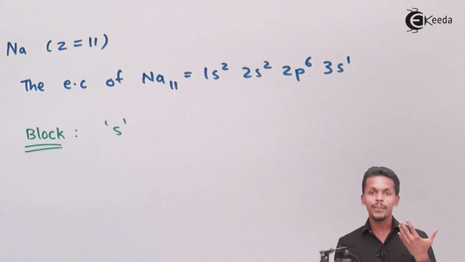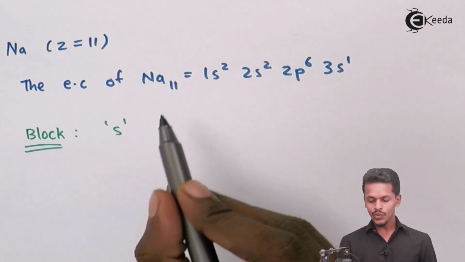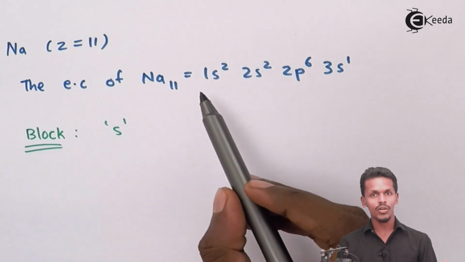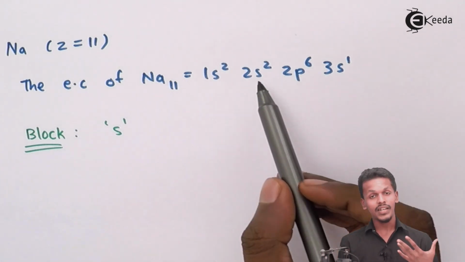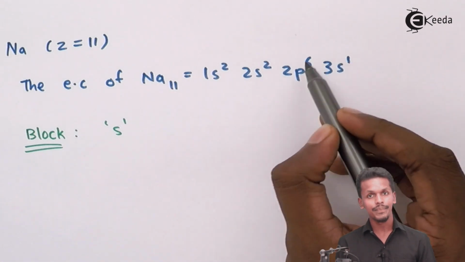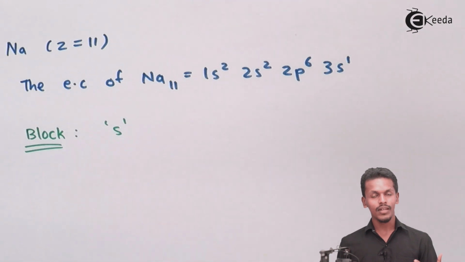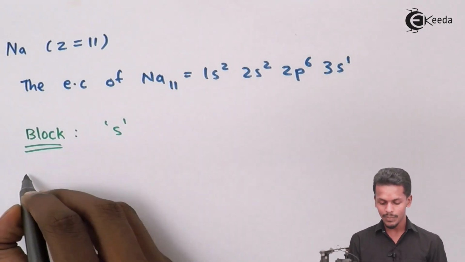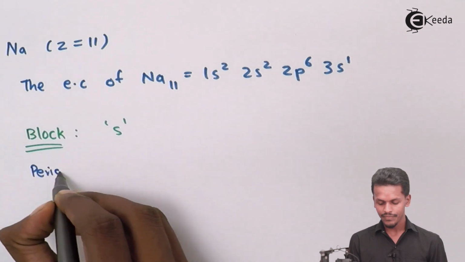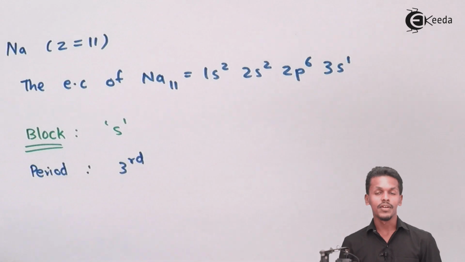Talking about the period in which sodium is located, the highest principal quantum number, the main shell we see, is 3. This is the third main shell and also the outermost shell. So we can determine that it belongs to the third period.